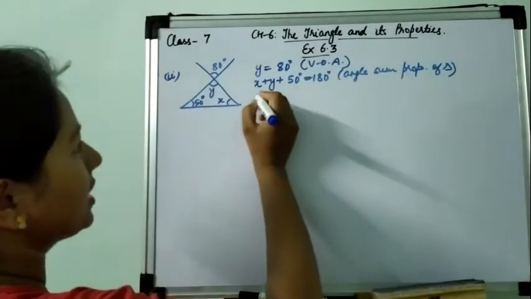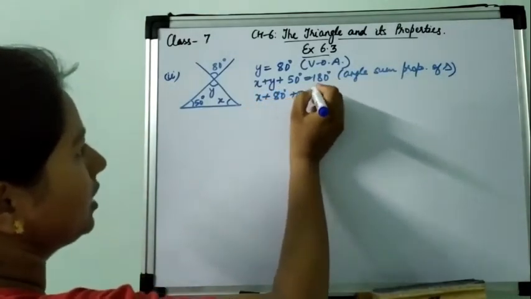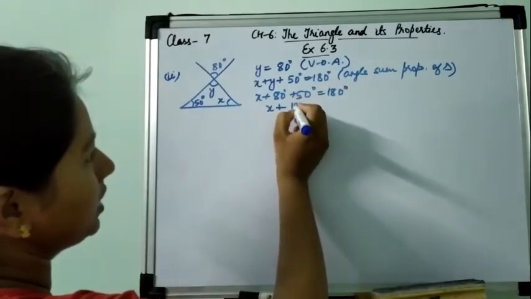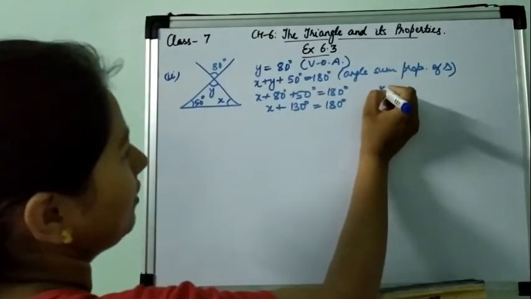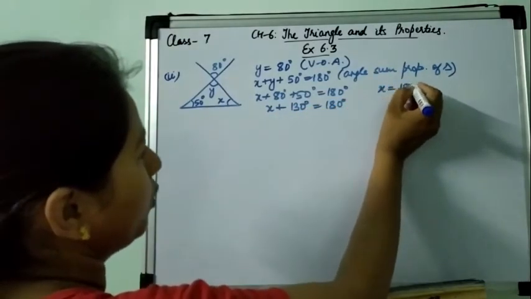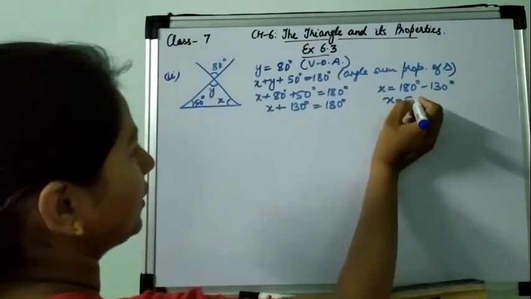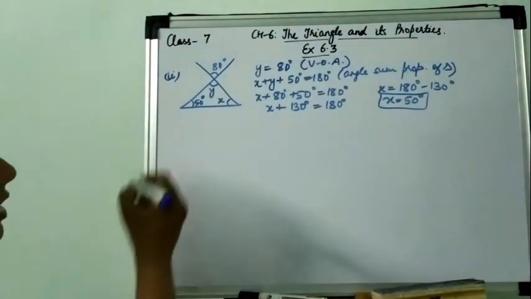So x we have to find out. y is 80, plus 50 is equal to 180 degree. So x plus 130 degree is equal to 180 degree. So x is equal to 180 minus 130, x is equal to 50 degree. So this is the solution for the second part.